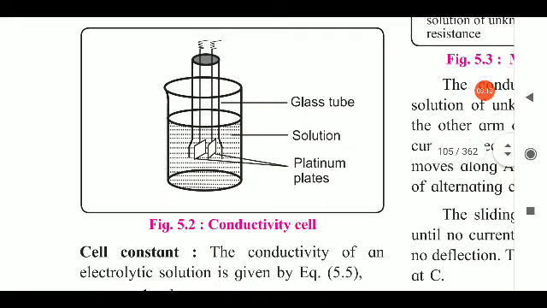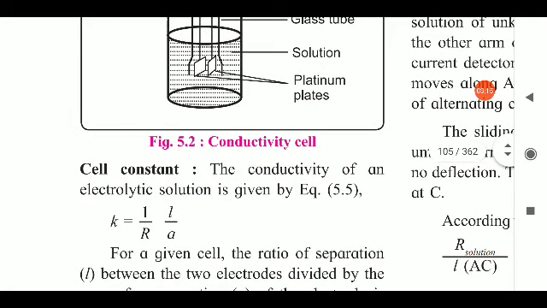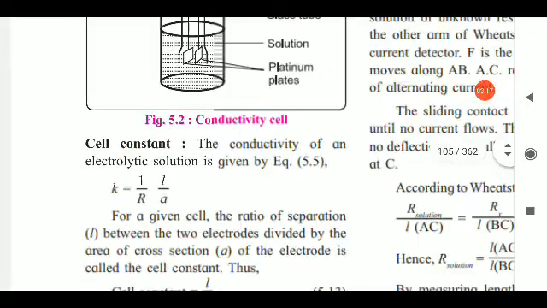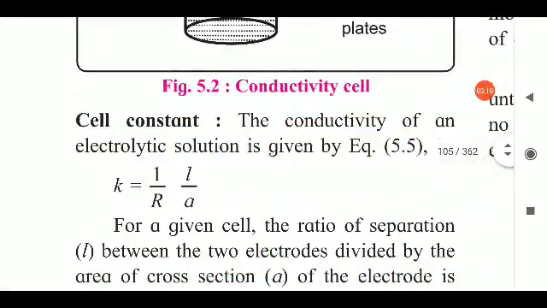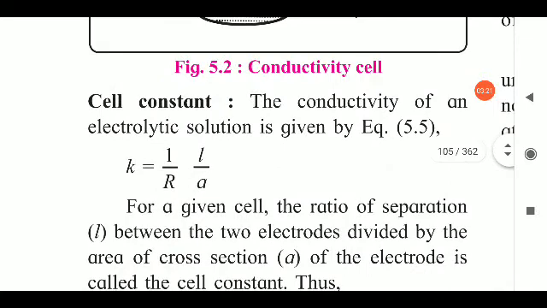Now students, the cell constant which we are going to calculate is calculated by using this relation. The conductivity of an electrolytic solution is given by this equation: K is equal to 1 upon R into L upon A. What does it mean?